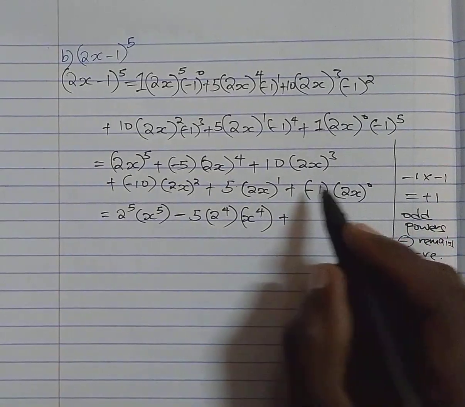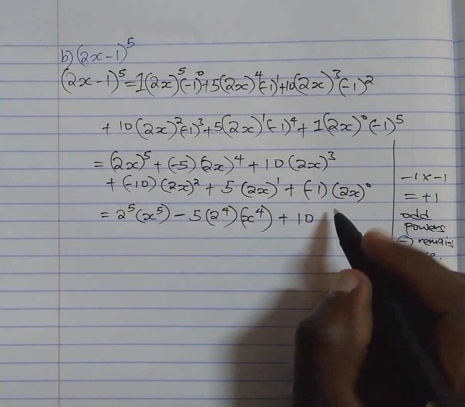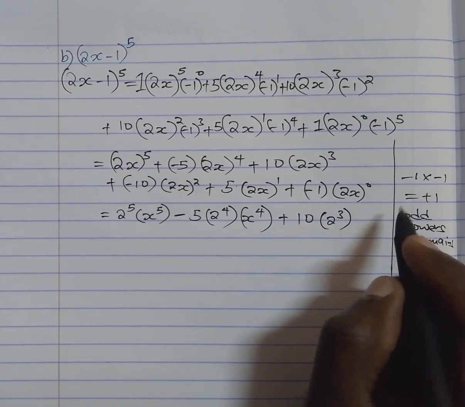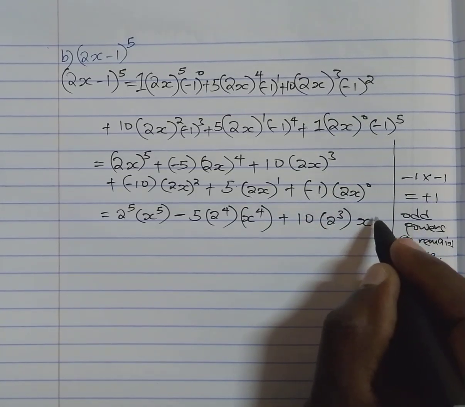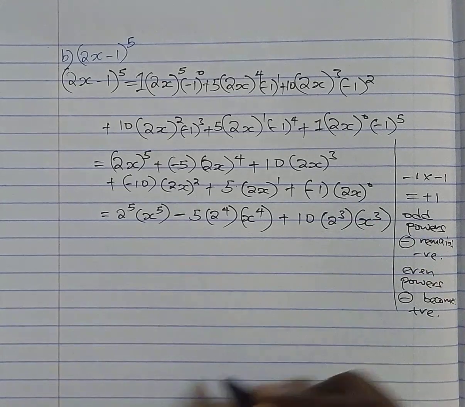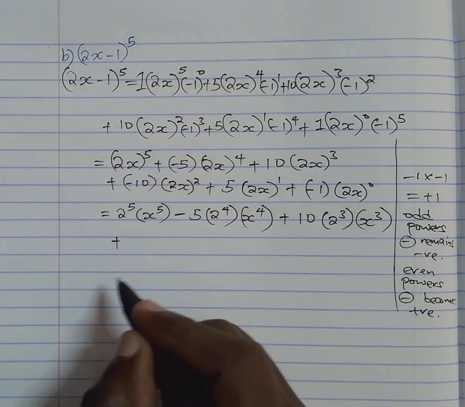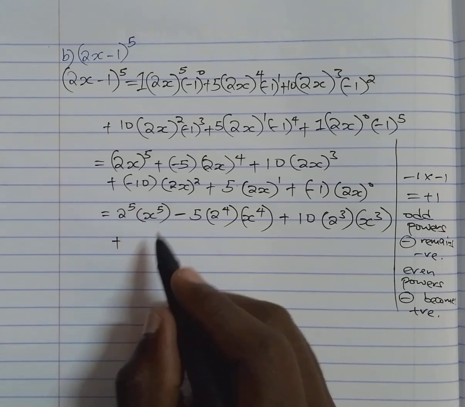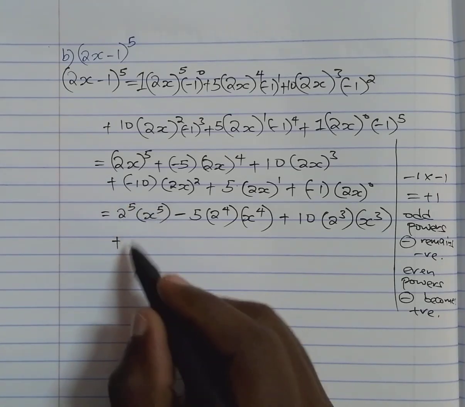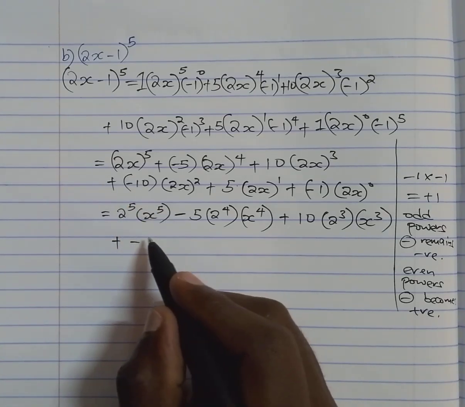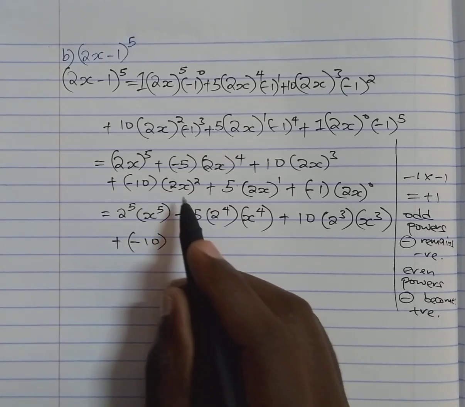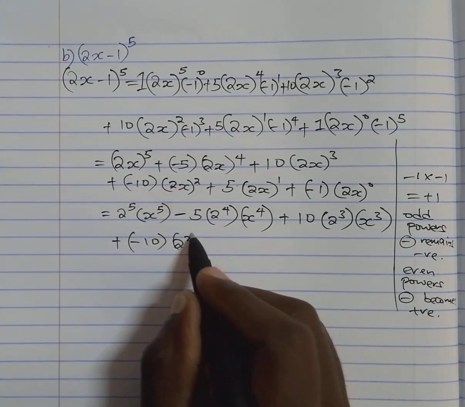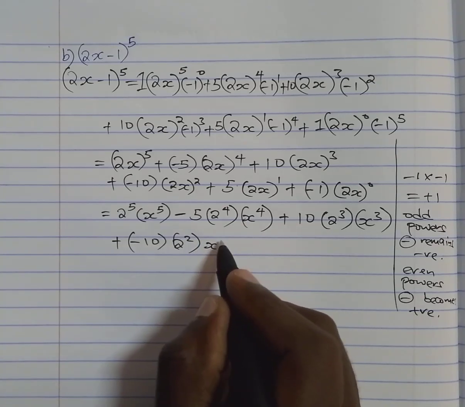And then we have 10 multiplied by 2 to the power of 3 and x to the power of 3. Afterwards, this one is going to be negative. So we are going to have minus 10, 2 to the power of 2, and finally we have x squared.